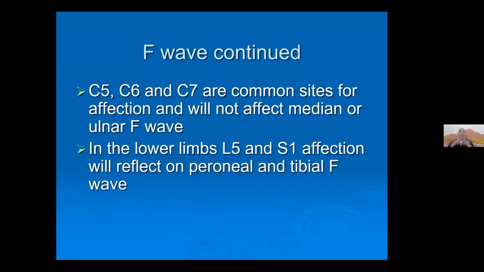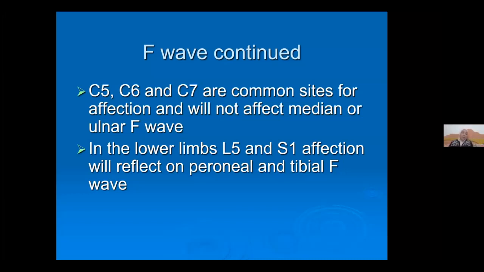As we said, the commonly affected roots in the upper limbs are C5, C6, and C7. When I do the ulnar and the median F wave, they will not be reflecting an abnormality. If the lesion is in C5, C6, and C7 only, then a median or ulnar F wave might be normal.